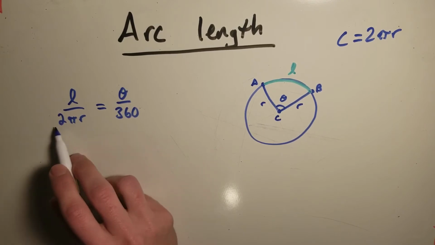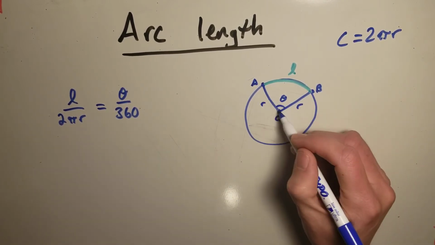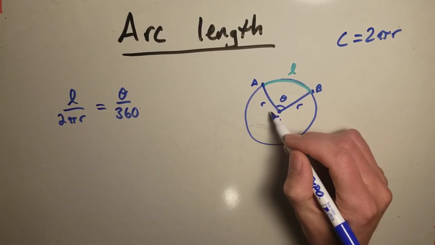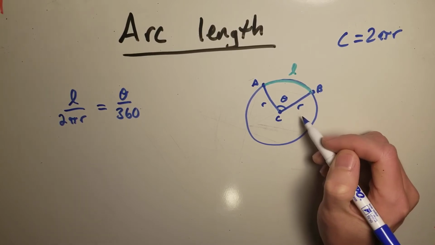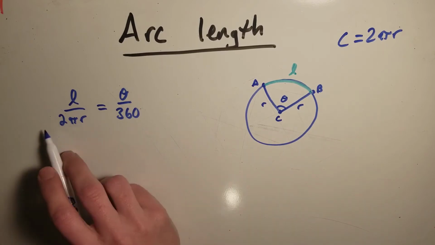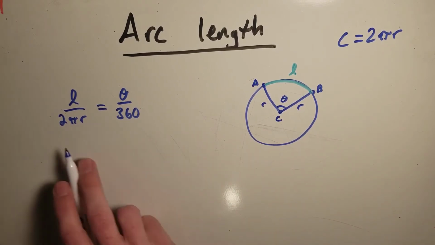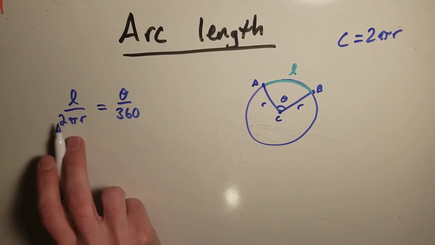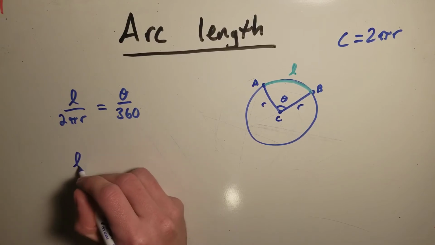Now we're going to use 2 pi r because if you have a central angle, you have a radius, but you could convert it to diameter and just use pi times diameter, but I'll stick with 2 pi r here. Now if you wanted to, you could isolate and get the arc length by itself.